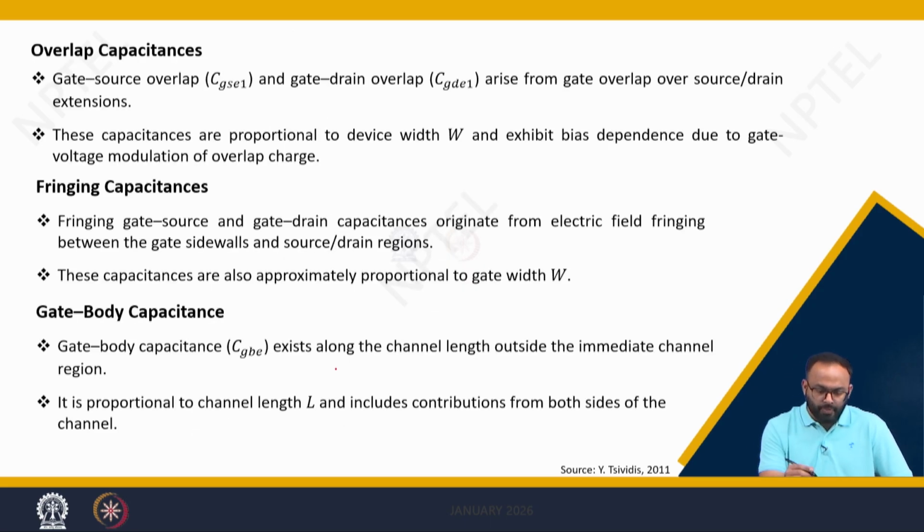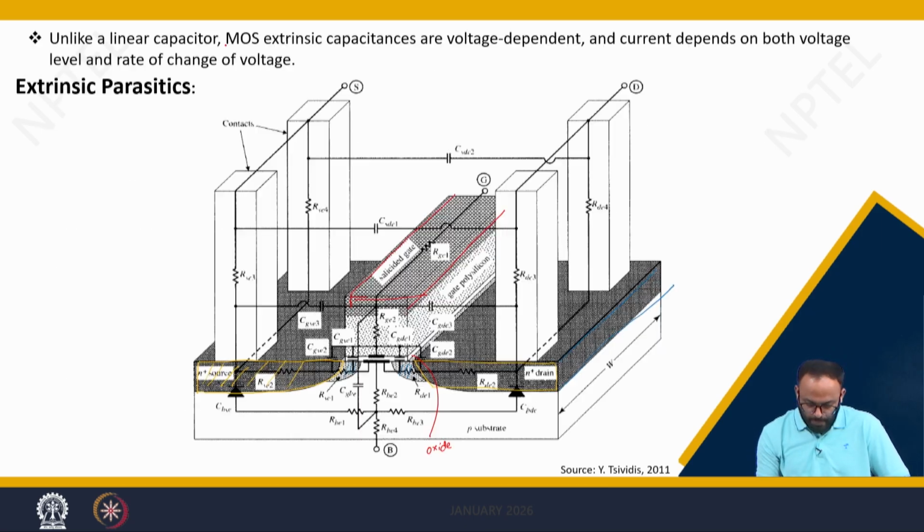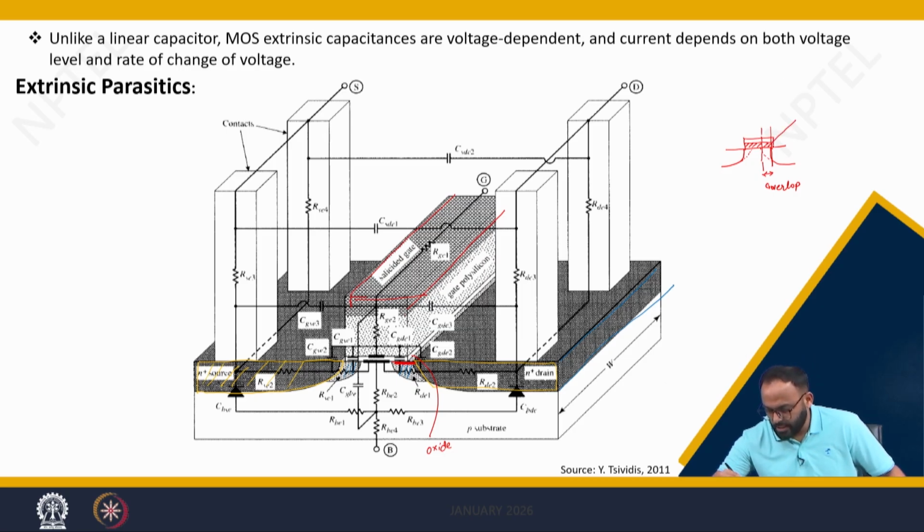The first is overlap capacitances. If you see here that there is an overlap, we have discussed in our MOSFET structure that this is source, this is drain, but the source and drain structure does have overlap, right? And when you make an oxide like this, correct, this is an oxide, so there is a small overlap present here, and because of this overlap there is a capacitance which is dependent on width, right?